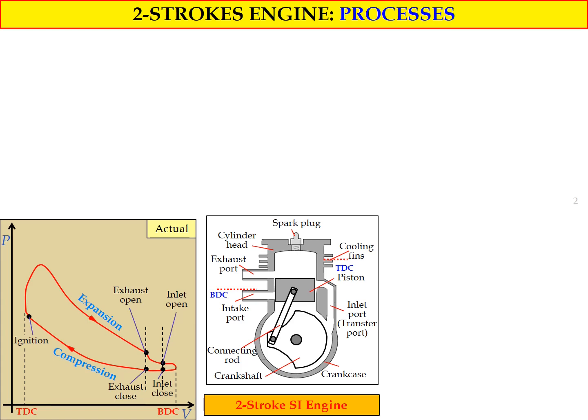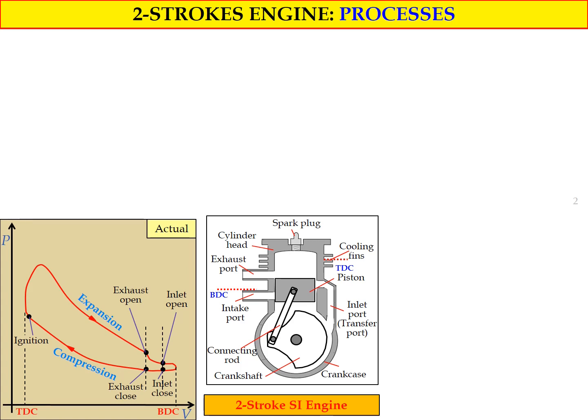The diagram also indicates a few important points: the exhaust open point, inlet open point, inlet close point, exhaust close point, and the ignition point, the starting point of the combustion process. If you look at the volume axis, the diagram also indicates the positions of TDC and BDC in terms of volume.